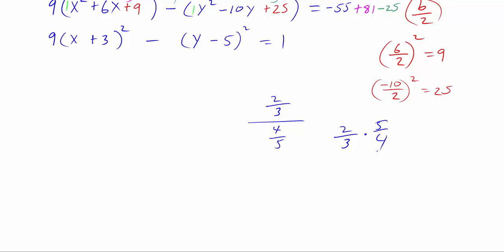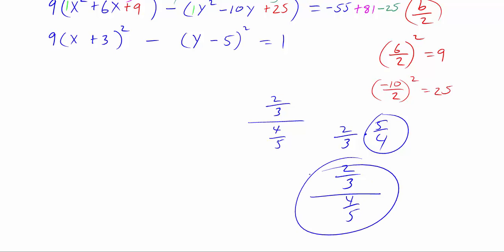So we want to do the same thing, but we're going to do this in reverse. In other words, if I had 2/3 times 5/4, couldn't I rewrite this back to 2/3 divided by the reciprocal of 5/4, which would be 4/5? So instead of going from division to multiplication, we're going to rewrite the problem from multiplication into division.